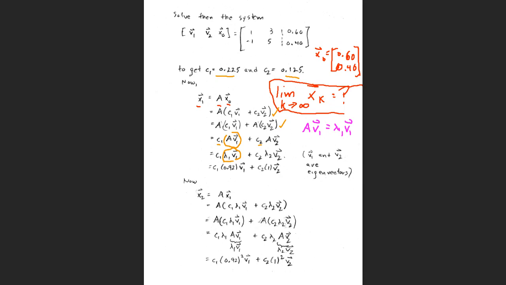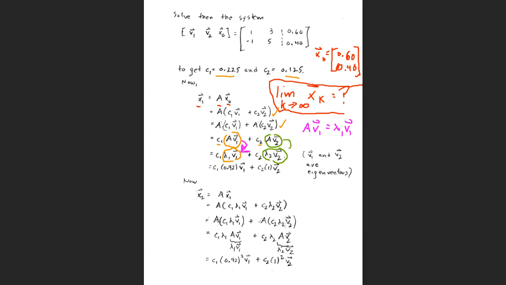We're replacing A times V1 by lambda 1 times V1. Why can we do that? And incidentally, we're replacing A times V2 with lambda 2 times V2. Why can we do that?